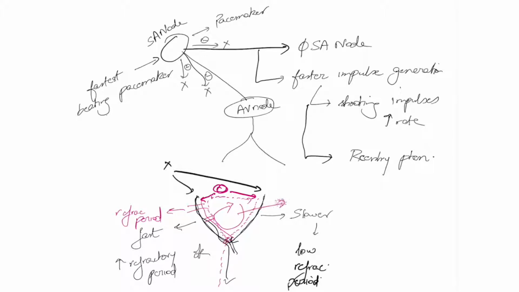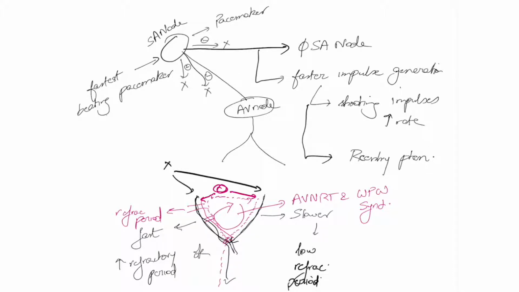Examples of such re-entrant pathways would be AVNRT and Wolff-Parkinson-White syndrome causing an arrhythmia. So from what we've discussed so far, the SA node is the normal pacemaker in the heart because it has the fastest rate.